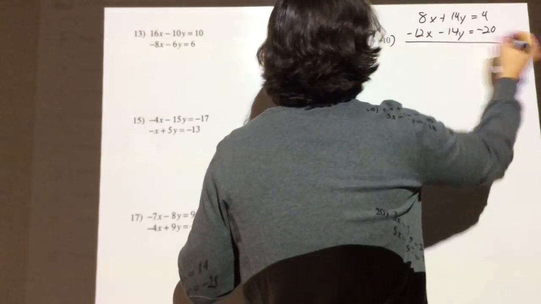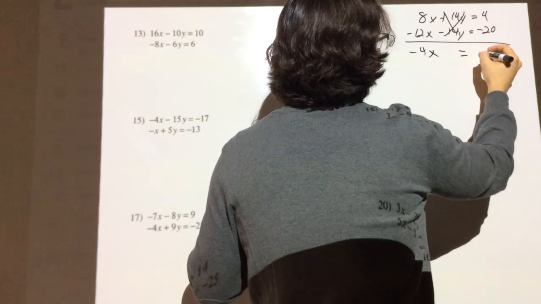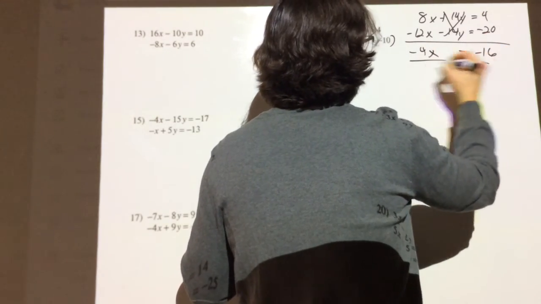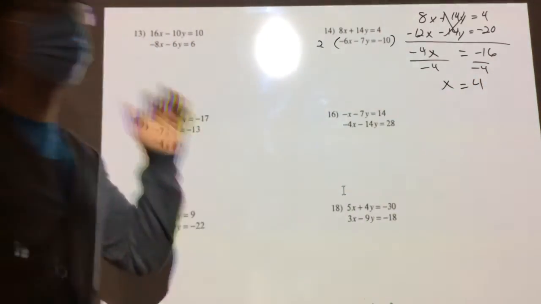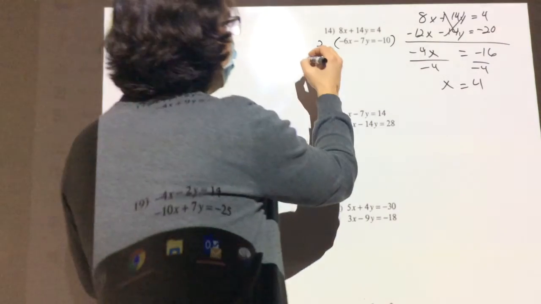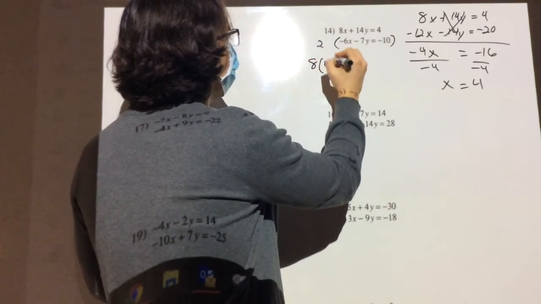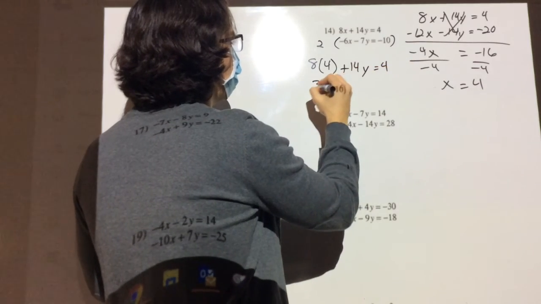Okay, add them together. We get negative 4x. These cancel out. Is equal to a negative 16. X equals 4. We're good? Plug it in, doesn't matter which one. We're going to have 8 times 4 plus 14y equals 4.